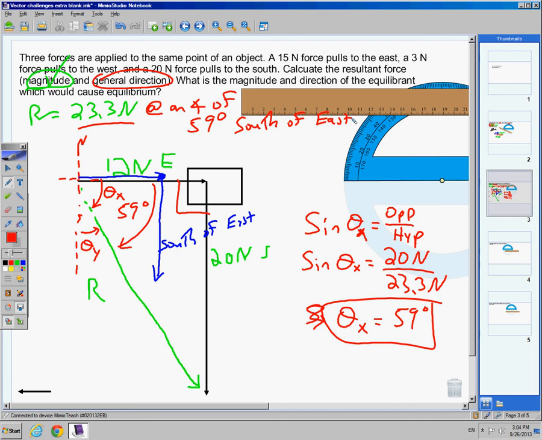And so there's my final answer. Now the last thing it's asking for, it says, is what is the magnitude and direction of the equilibrant? And the equilibrant is equal and opposite. So let me just erase some things here.